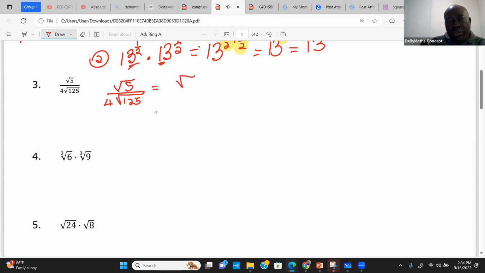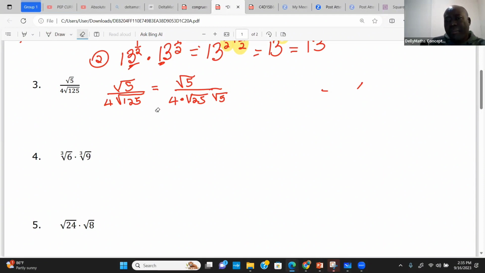I could keep the root of 5 on top, but underneath, I'm going to actually split this up into 25 times 5. I'm able to do that because of the power that the radicals have. So 125 is the same as 25 times 5. So I'm able to use the power of the radicals there to actually split this.